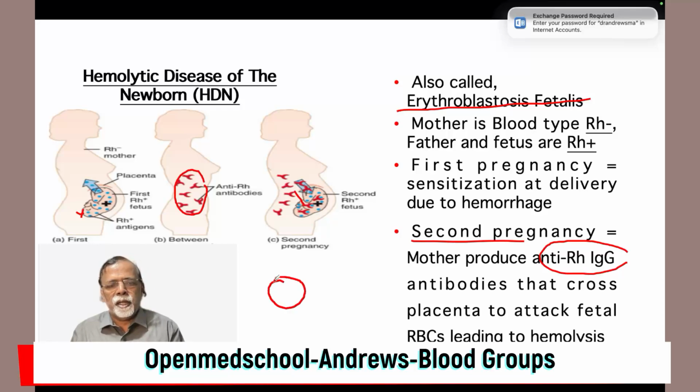Suppose the second pregnancy is RH positive, this antibody will attach to the RBCs and the RBCs will get destroyed. It produces hemolysis. And when the hemolysis occurs, the child develops jaundice.